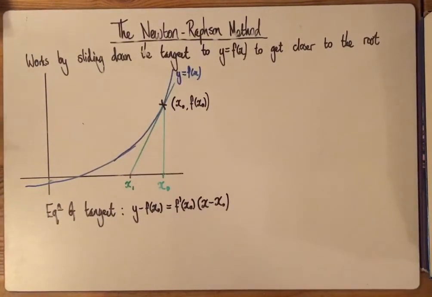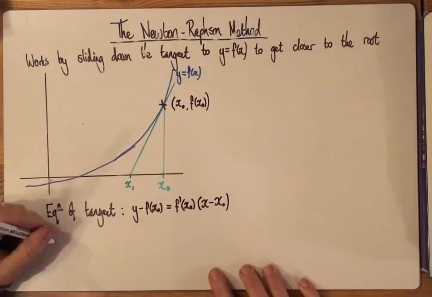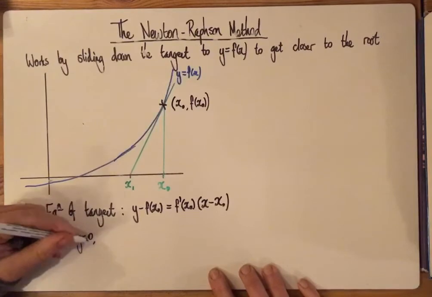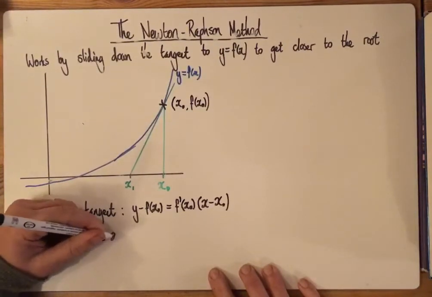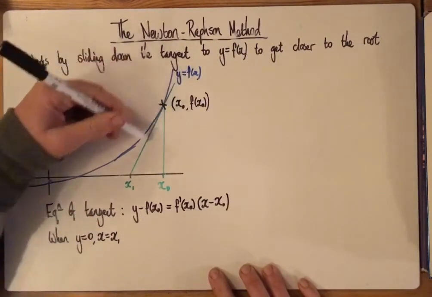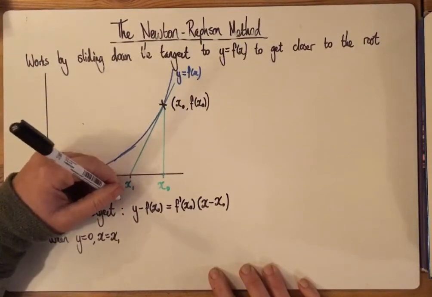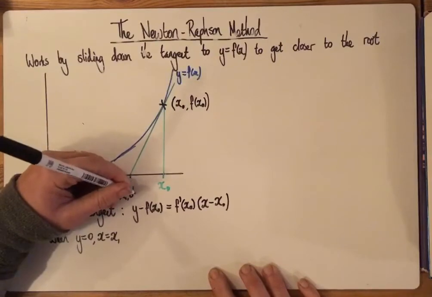And then we also know that when y equals 0, x is equal to x1. So that's the coordinates of this point here on the tangent. So that's x1, 0.